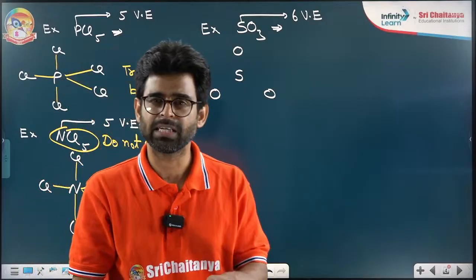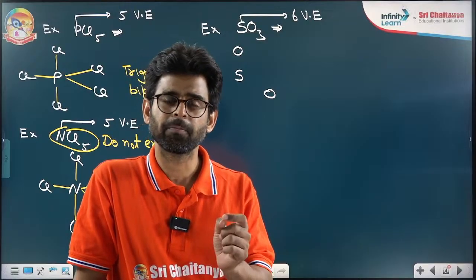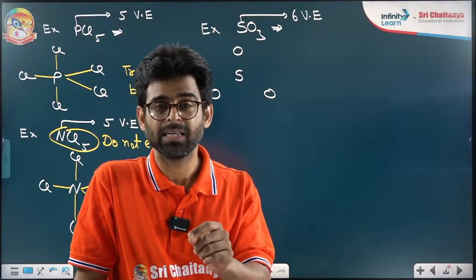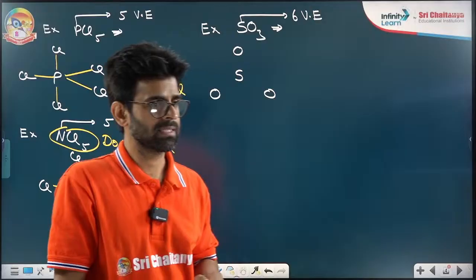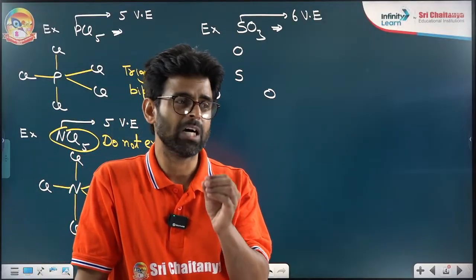Yes, it has 6 valence electrons. Now the next thing is oxygen as a surrounding element. Oxygen as a surrounding element makes how many bonds?